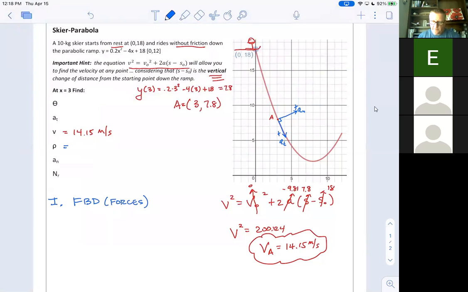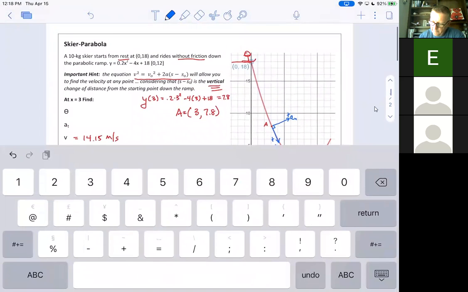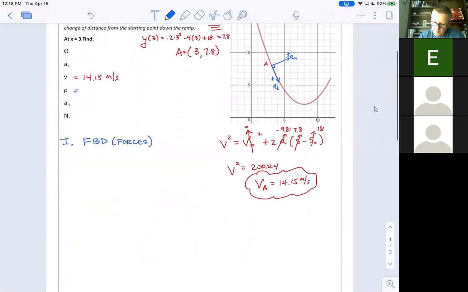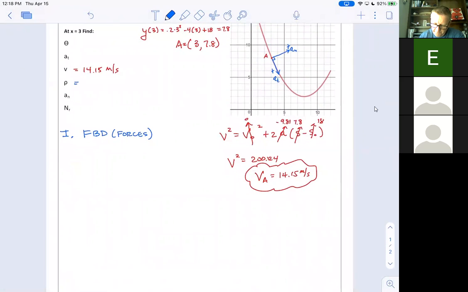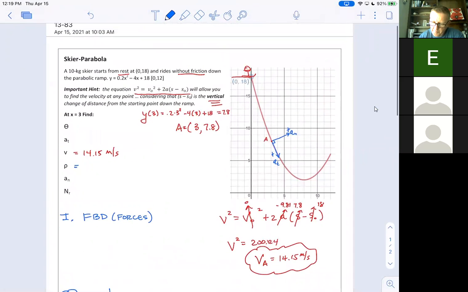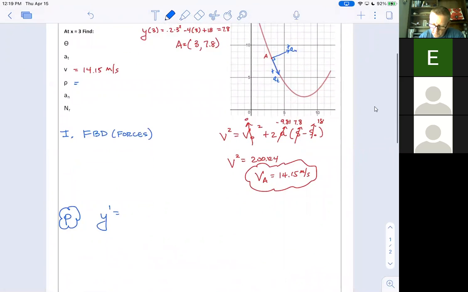So let's see, what are my derivatives? I'll go back to the free body diagram in a minute. So to get rho, I've got to have my first derivative. The derivative of that would be 0.4x minus 4.